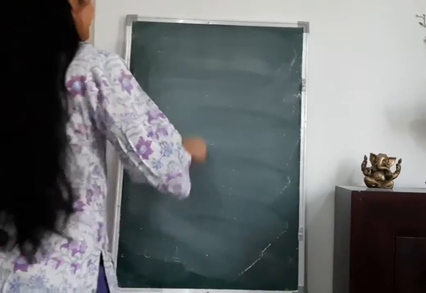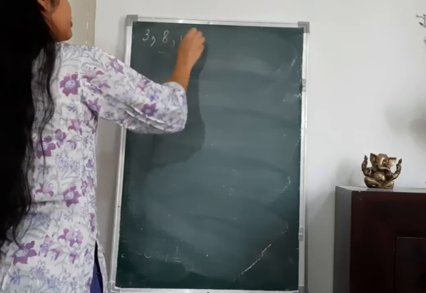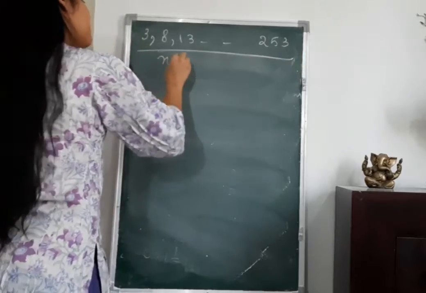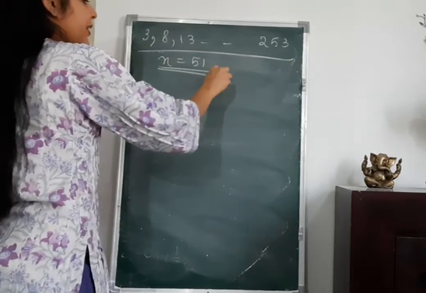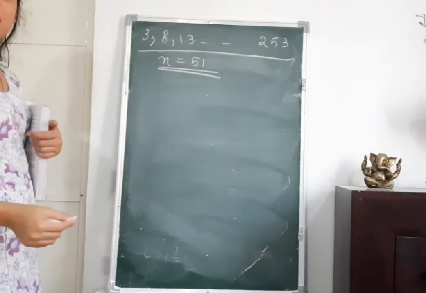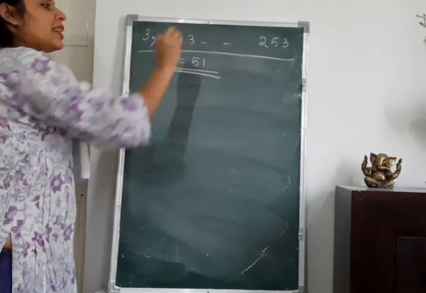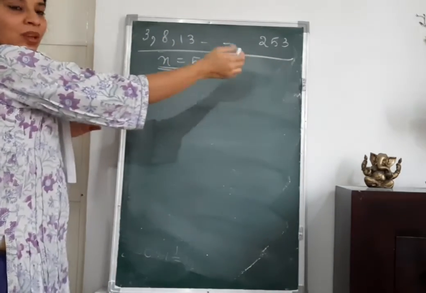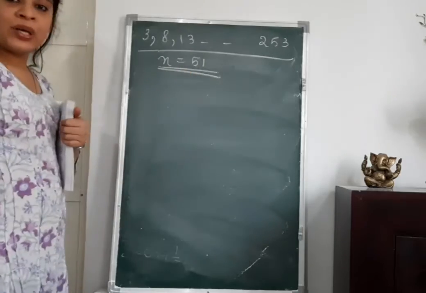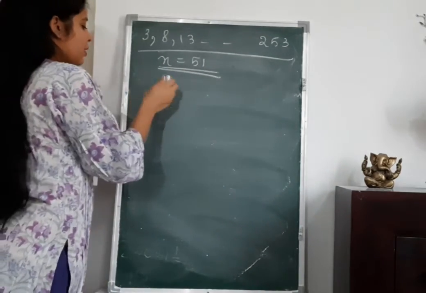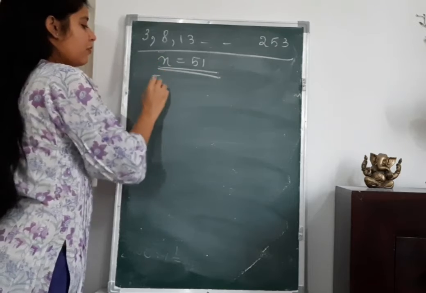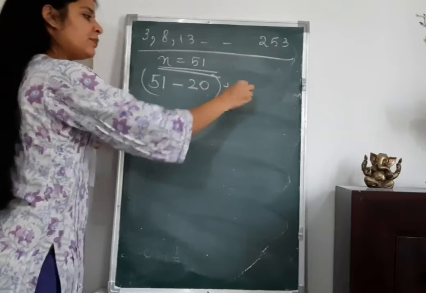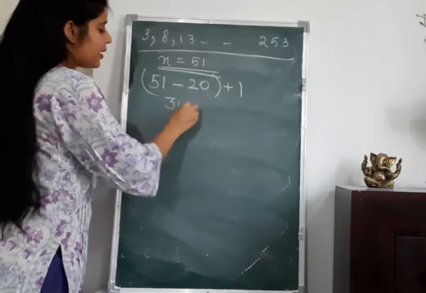If there is an arithmetic progression that has 51 terms in it, and I need to find out the 20th last term, I can determine which will be the 20th last term from the starting of the series. So how am I going to find that? Basically it will be 51 minus 20 plus 1, right? That is 31 plus 1.